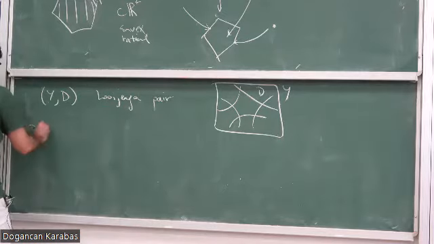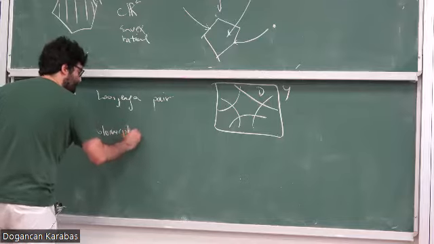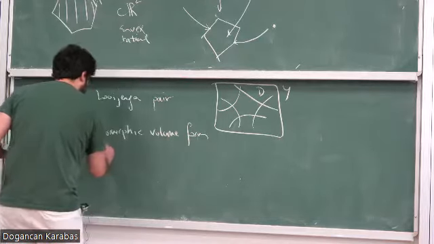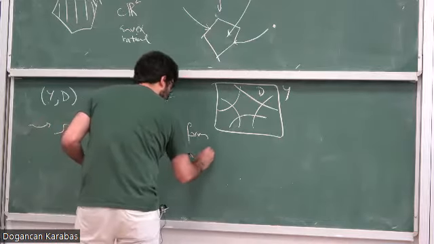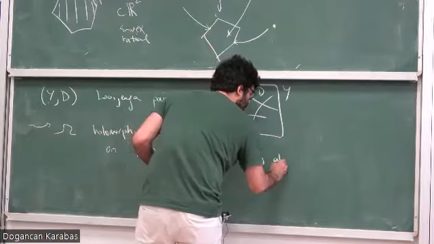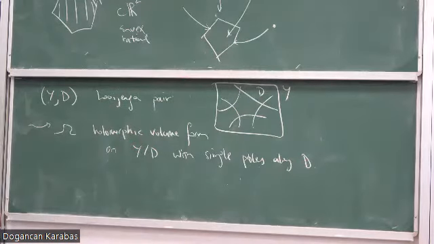And we know that there exists a holomorphic volume form on Y minus D with simple poles along D. So you can extend this holomorphic volume form to Y, but only at the expense of making it meromorphic.